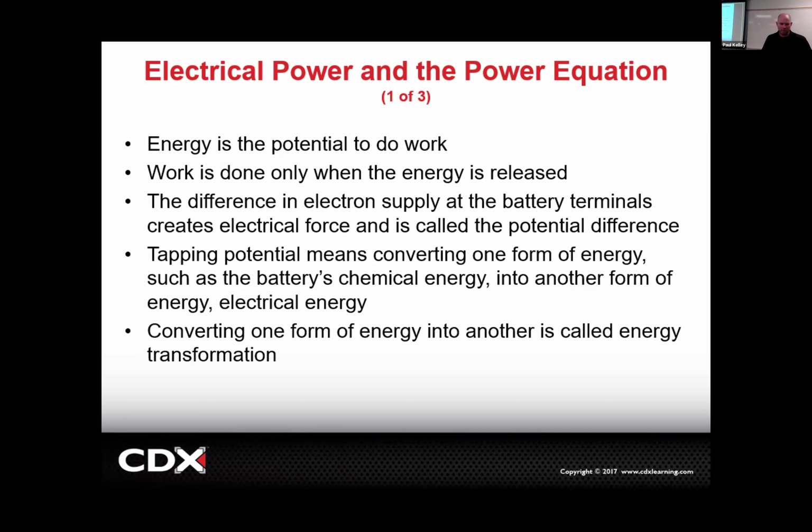I like to just call it voltage, keep it simple, stupid. So if we're going to tap the potential, it means we're going to convert it from one form to another. So if it's the battery's chemical energy being converted into electron flow, that's being converted into electrical energy. That's tapping it. We're actually doing work with that. And converting it is like an energy transformation.